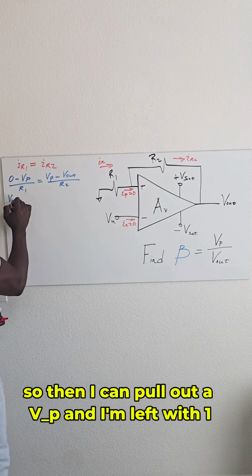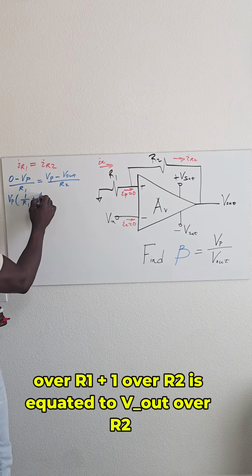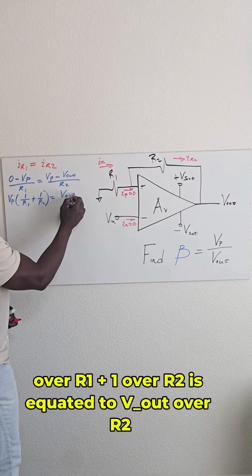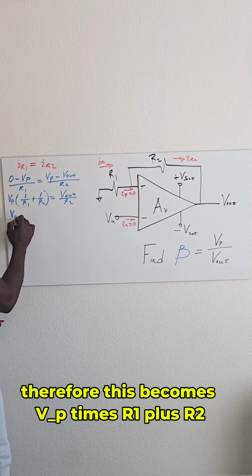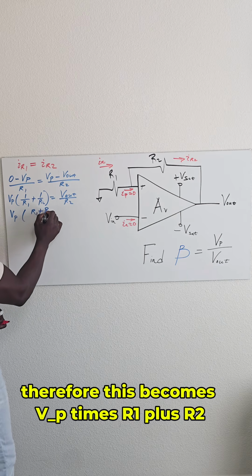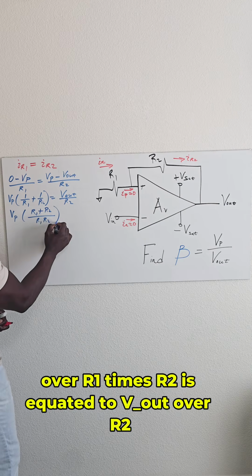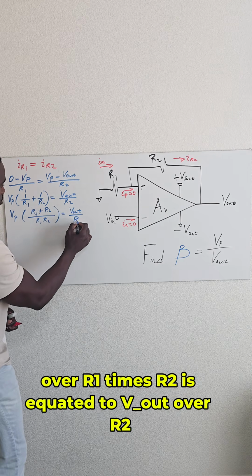So then I can pull out a Vp, and I'm left with 1 over R1 plus 1 over R2 equated to Vout over R2. Therefore, this becomes Vp times (R1 plus R2) over (R1 times R2) equated to Vout over R2.